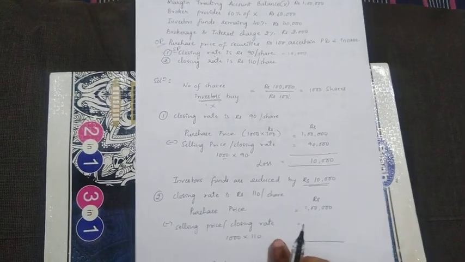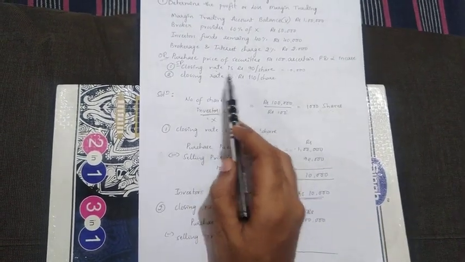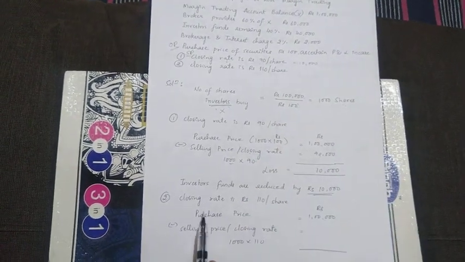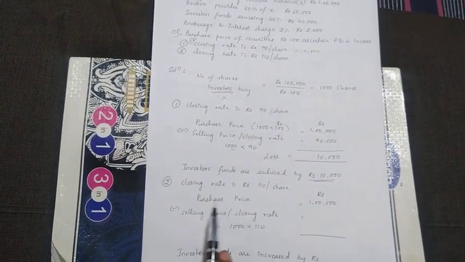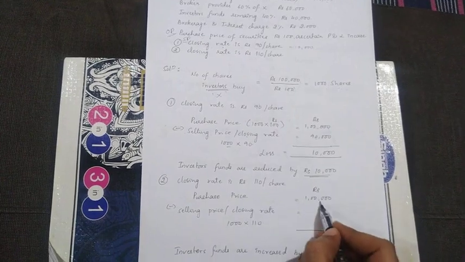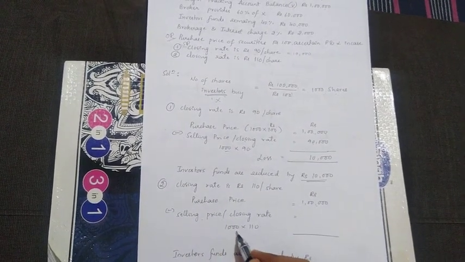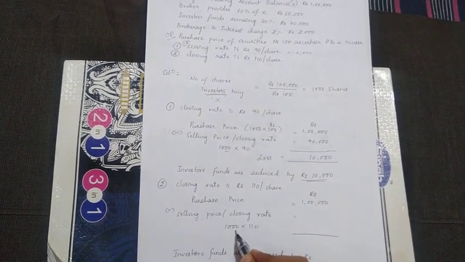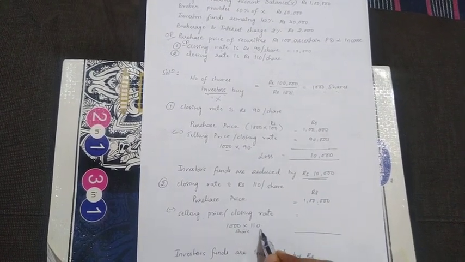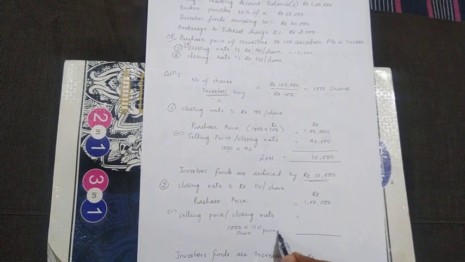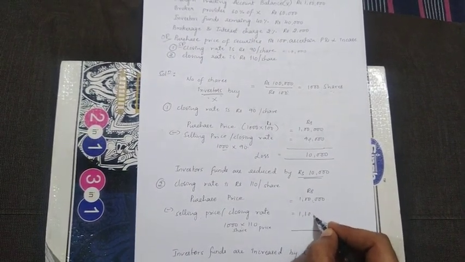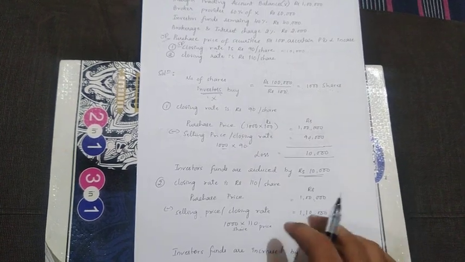Similarly, we go to the second case, where the closing rate is now 110 per share. The formula is the same: the purchase price is 1 lakh, and the selling price changes. With 1000 shares at a price of 110, what is the share capital now? 1 lakh 10,000.